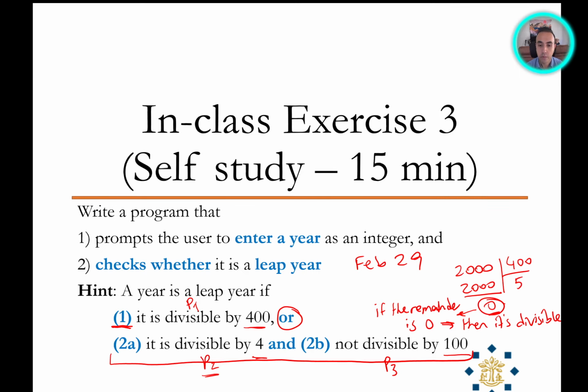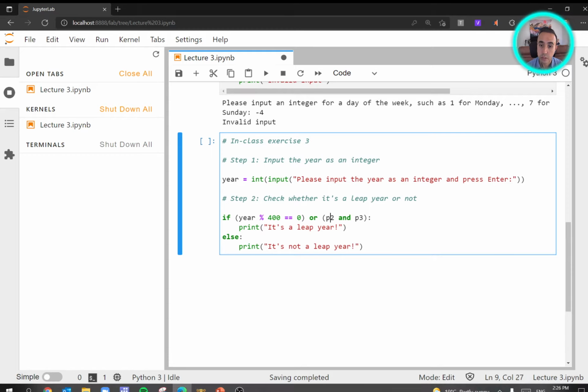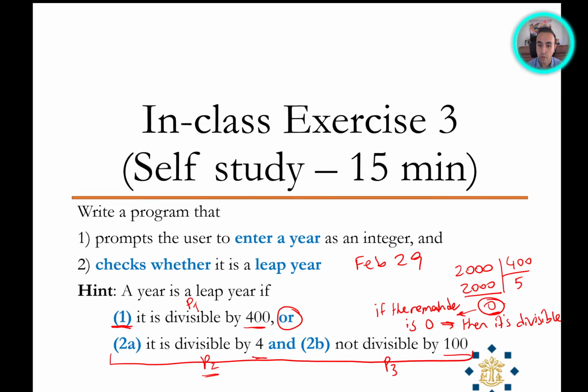Divisible by 4. If I divide it by 4 and the remainder is 0, then it means divisible by 4. That is P2, and P3 is not divisible by 100.